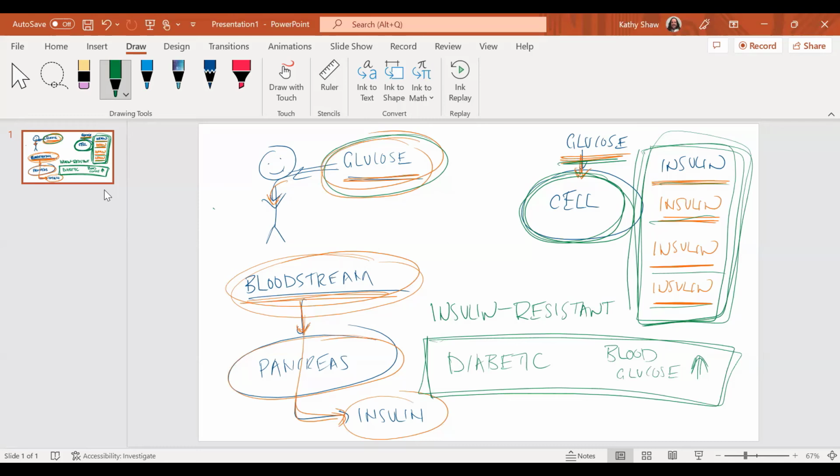Some researchers believe that our insulin levels probably started rising about 10 years before the point at which we became so resistant that we're not able to make enough. So if we were instead measuring insulin levels in the blood, rather than waiting until we're measuring glucose levels, we could probably have caught that diagnosis or caught that progression much sooner, caught it before the point at which we actually become diabetic.